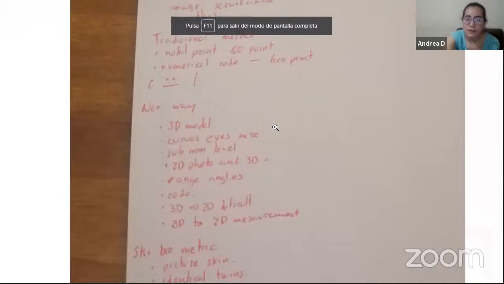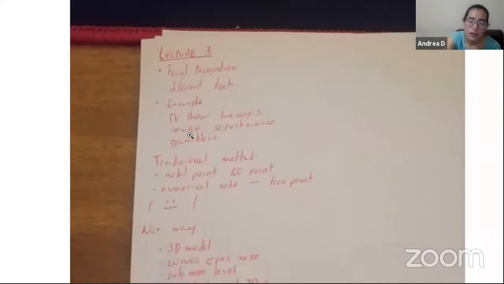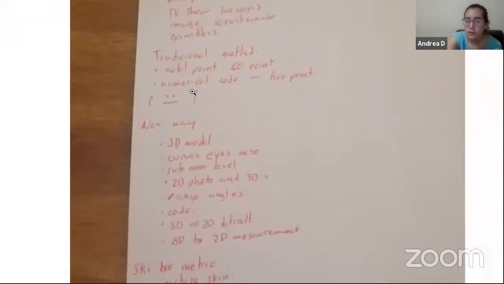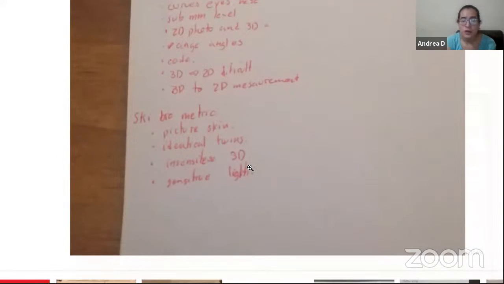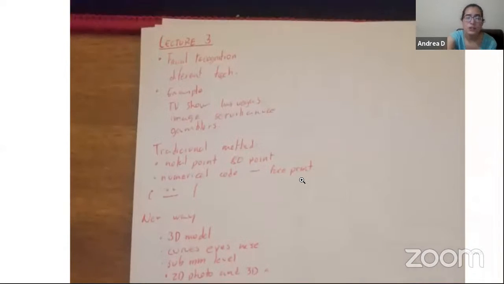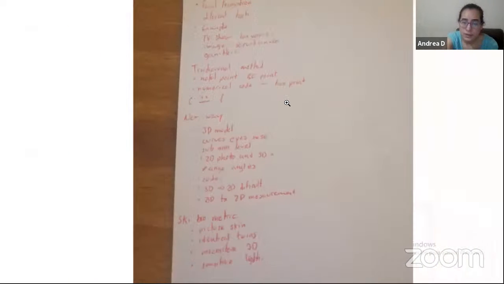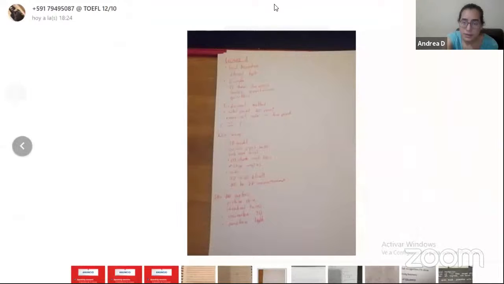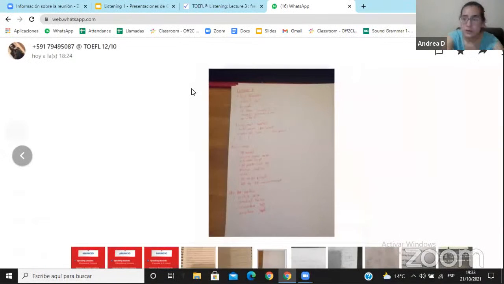You have the intro, the definition here at the beginning. Then you have the traditional method with its characteristics. Then you have the new way, its characteristics, the scheme biometric one. And again, with bullet points, with arrows, anything for definitions. You even have a sad face in there. So it looks very organized, and I'm sure it's going to be easier for that person to find all the information they want. Maybe you can do something like that.